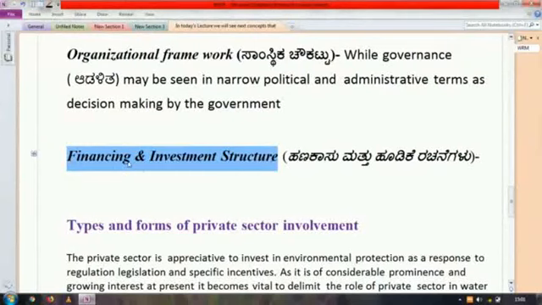That includes private sectors, institutions, funds, persons and stakeholders. They have to pay the amount for the existing systems to develop the present system. This is called the financing and investment structures.